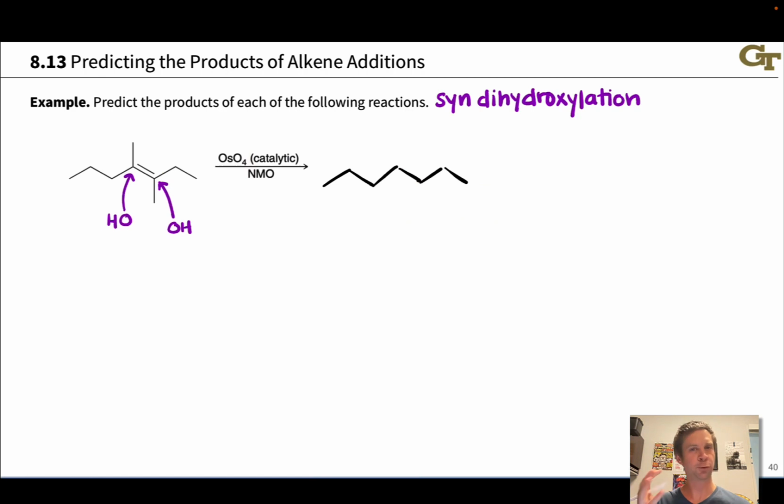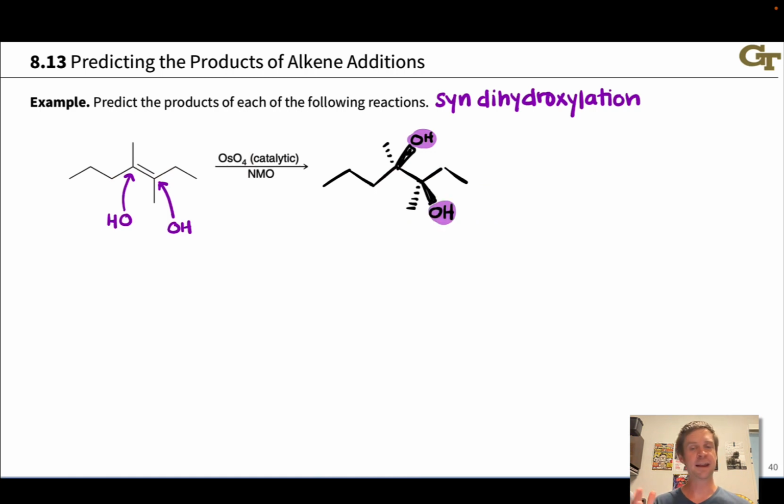So to do that, for example, we could put both OH groups on wedges, both pointed out towards us, noting that we have the zigzag of the backbone the same, the way we drew it, as it was in the original alkene provided. That's actually key. So we have both OH groups on the same side of the original alkene in this structure.